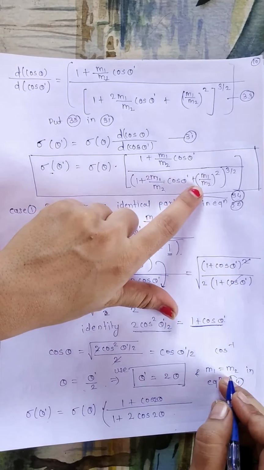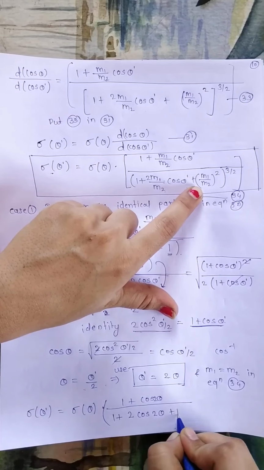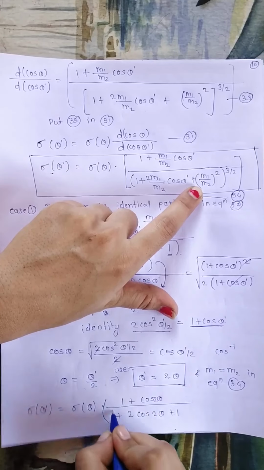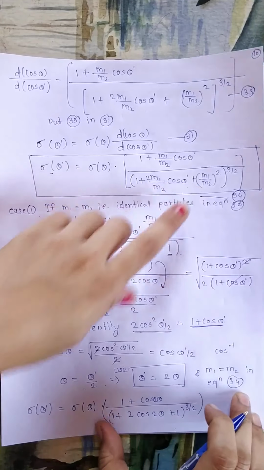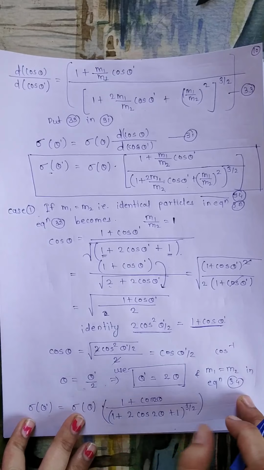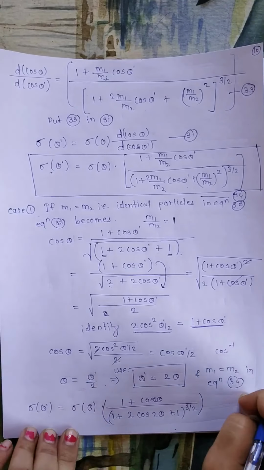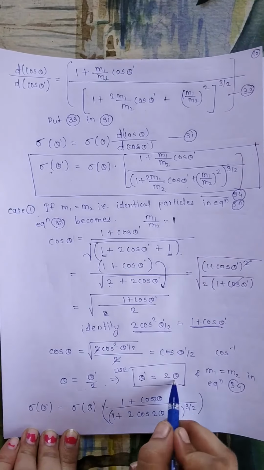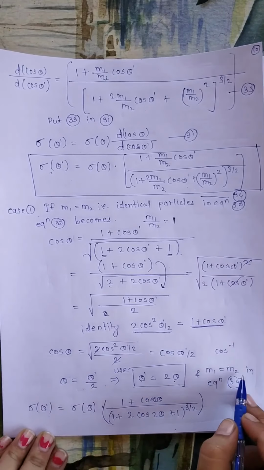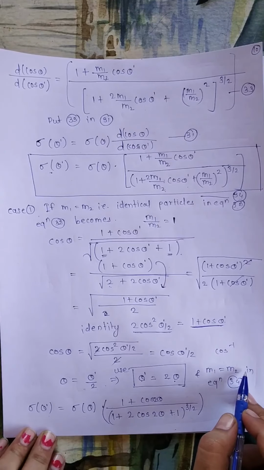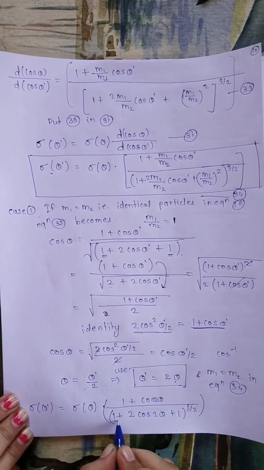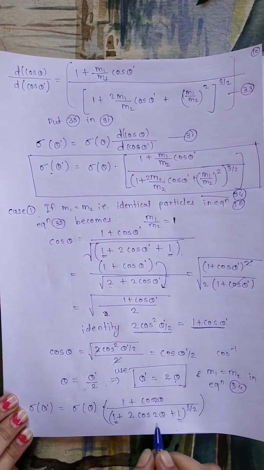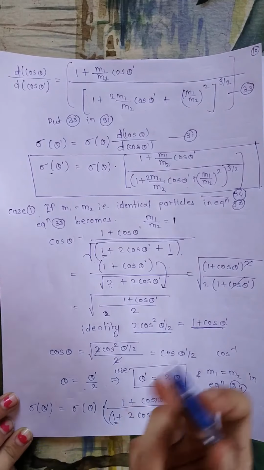Again this m1 upon m2 is 1, and this is raised to 3 by 2. So this is the modification in equation 34 after substitution of theta dash as 2 theta and m1 equals m2. Now I can also write this equation as, I will take this 1 plus 1 as 2 and I will write the modified equation on the next page.